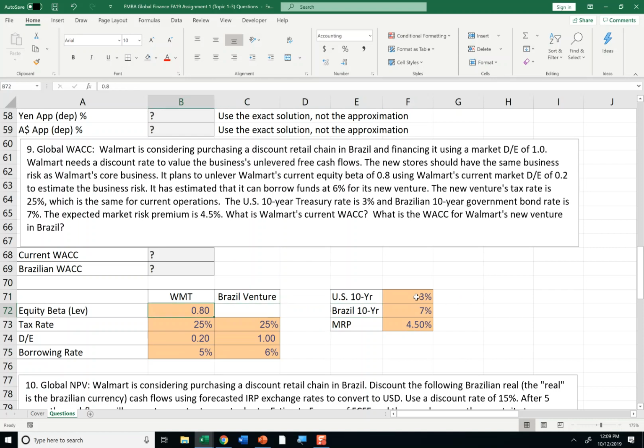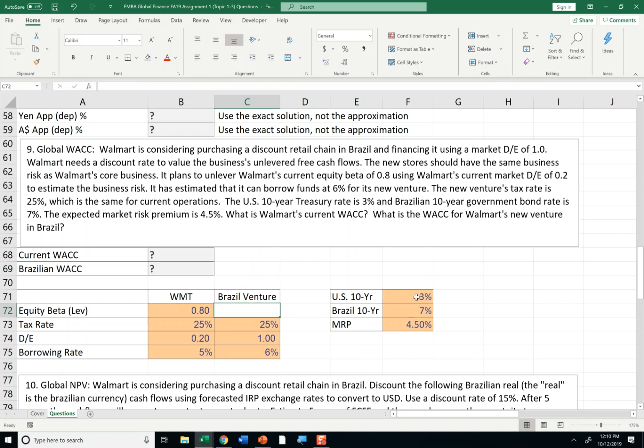Yeah, it's given right here, market risk premium, 4.5. That'll give me a cost of equity. Then also, remember to do the conversion. D/E ratio is not debt percent. So to calculate WACC, I need the debt percent and the equity percent. So I'll take my D/E ratio, 0.2 over 1.2. That'll give me a percent. And then I'll calculate WACC.